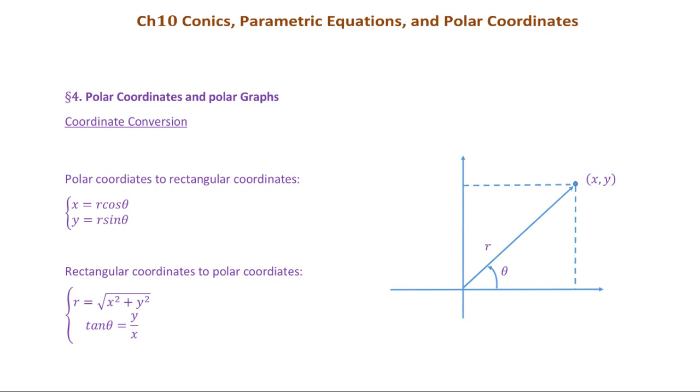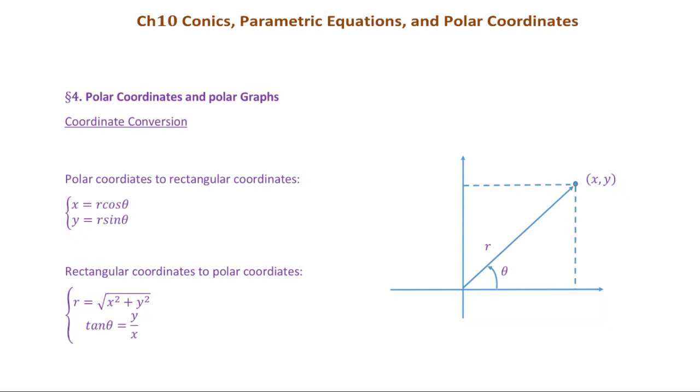And if I give you the polar coordinates of the point on the plane, then you should be able to find the rectangular coordinates of the same point. Okay, because we got the same point on the plane, but we use different representations, right? So let's talk about coordinate conversion.